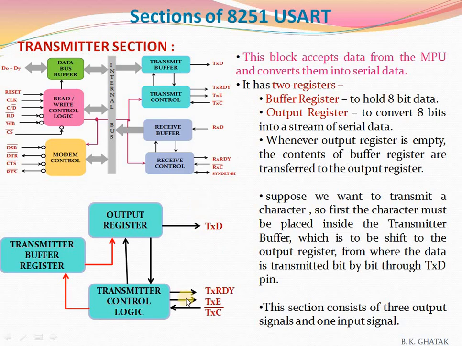Clear? So this section basically consists of 3 output signals and 1 input signal. The signals are TXD, TXRDY, TXE and TXC bar. TXC means transmitter clock frequency.